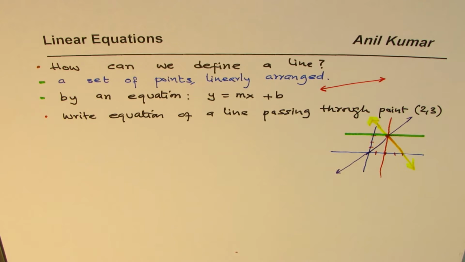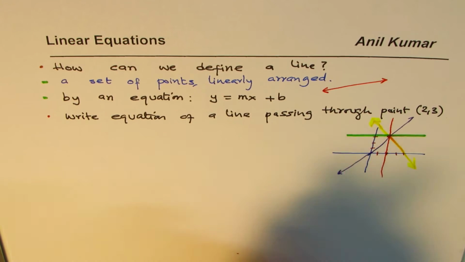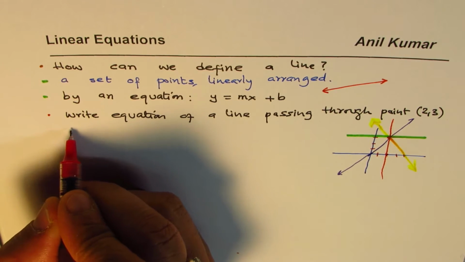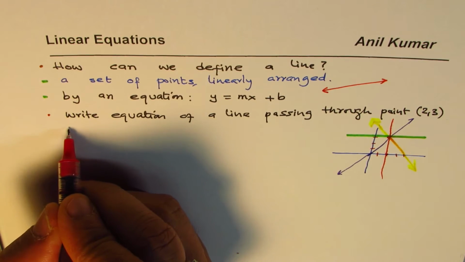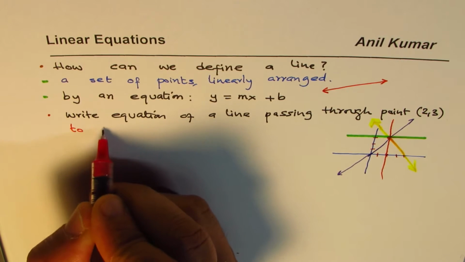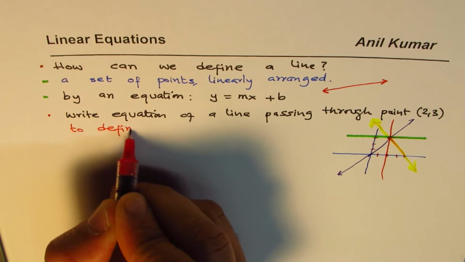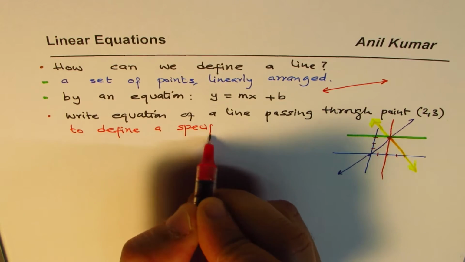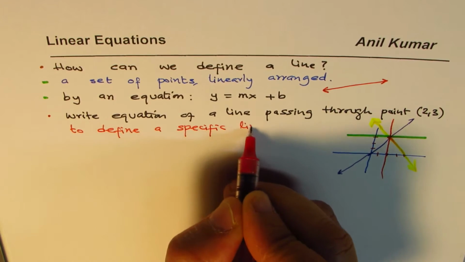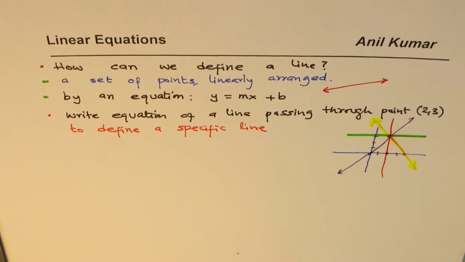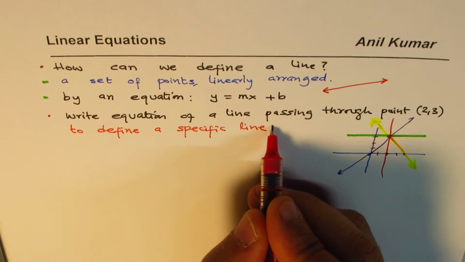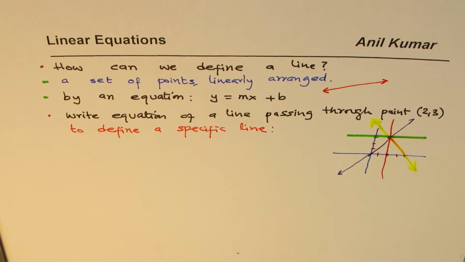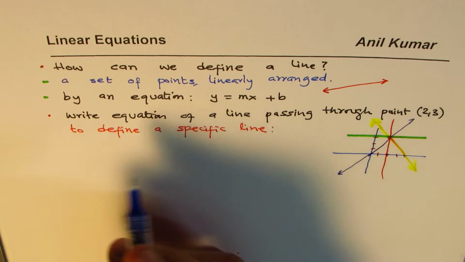Okay. Now to really define this line, what do I need? I need something extra. Okay. Now to define a particular or specific line, what I need, I'm given a point. What I need is one of the two things. I may need a point, another point, right?